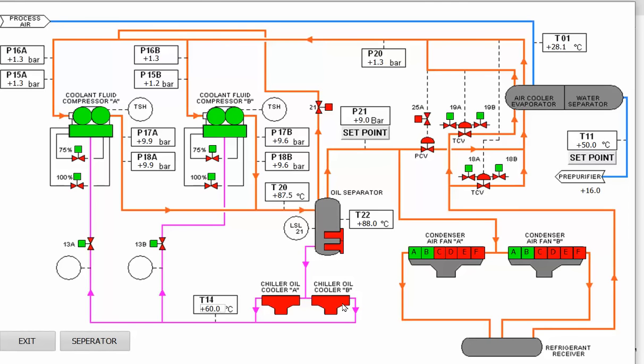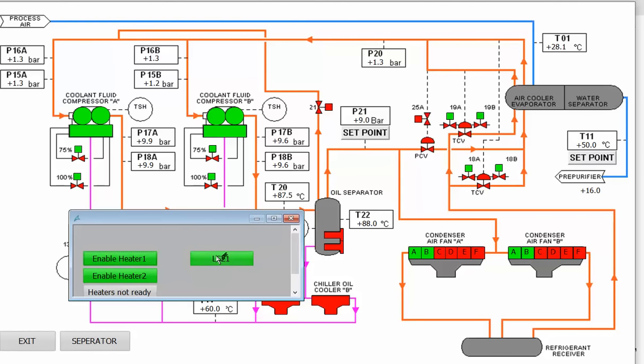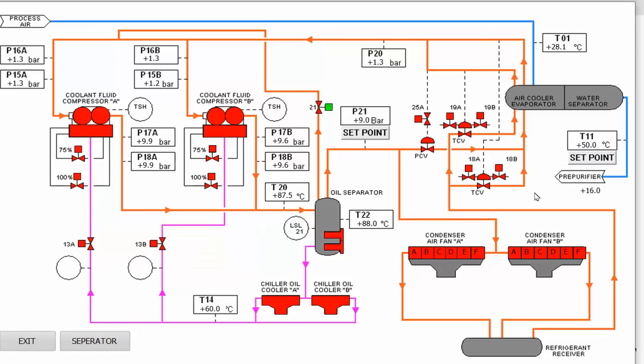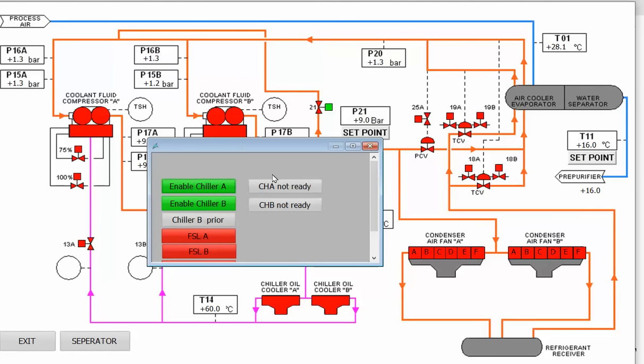So the final part will be testing the heater. In order to function test the heater, we should shut down the whole system. We should shut down the chillers and put the set point, or possibly disable the whole channel, disable the chillers.